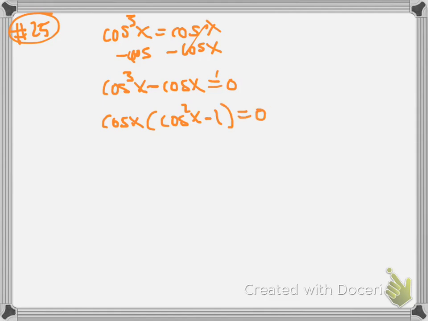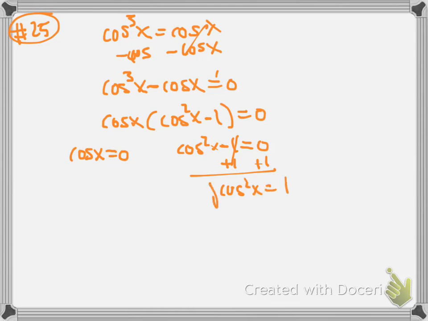And now I can ZPP. So cosine of x equals 0. Cosine squared of x minus 1 equals 0. So it looks like I'm going to have to add 1 on both sides here. Then take the square root. So I get cosine of x equals plus and minus 1.